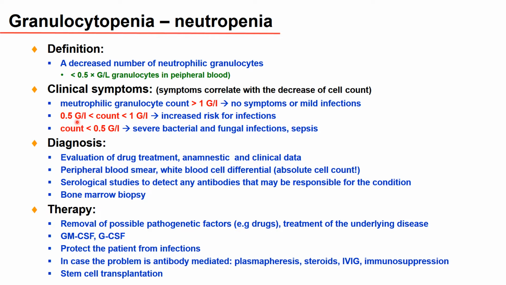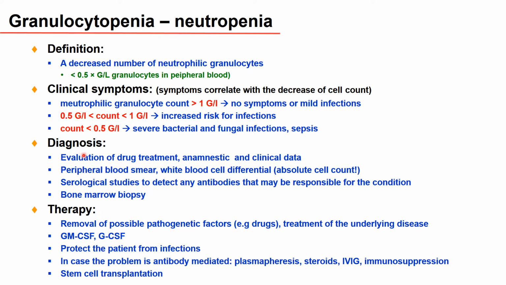If we do have between 0.5 and 1 giga per liter, this patient has a higher risk for infection and very easily can be infected or can develop fever or generalized infection. If we do have less than 0.5 giga per liter, very severe bacterial and fungal infection and further sepsis can develop in this situation.